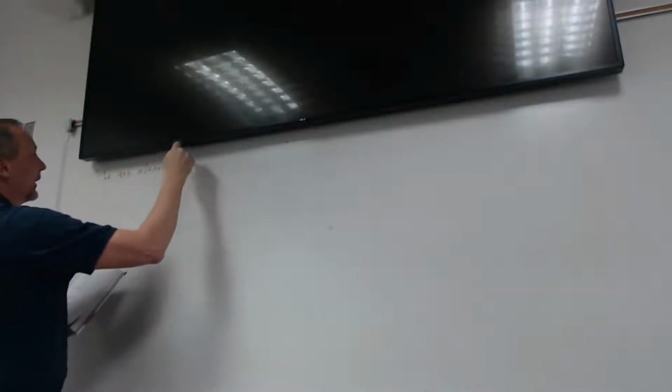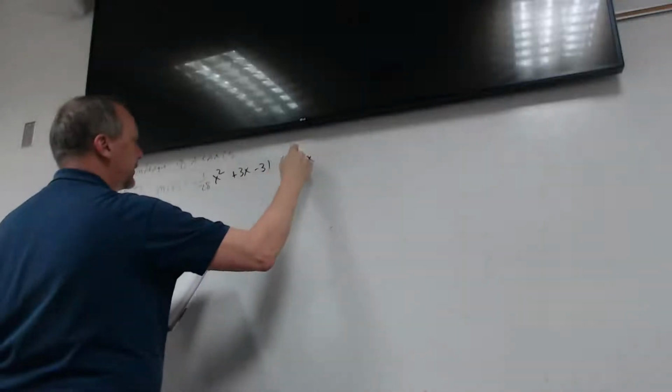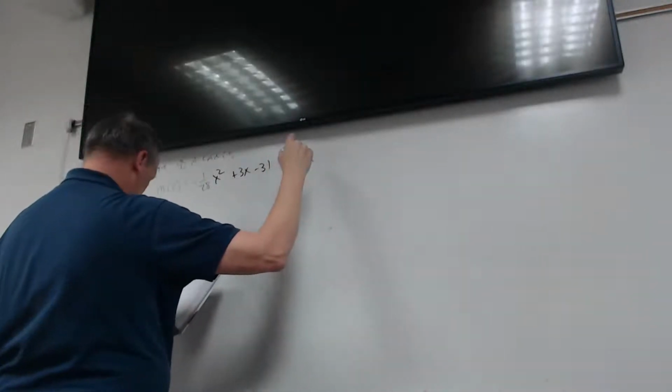So let's say that the gas mileage of a car is given by the equation M, and I'm not going to use S because I hate S. I'm going to use X. Negative 1 over 28 x squared plus 3x minus 31, where x is between 15 and 70.